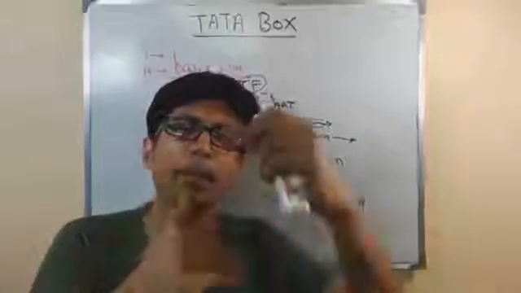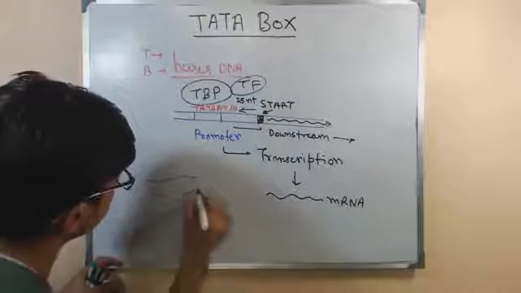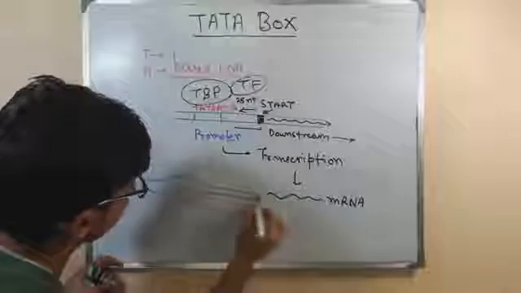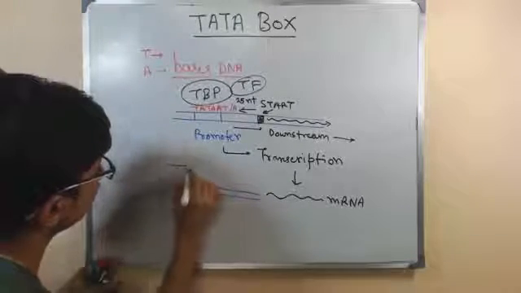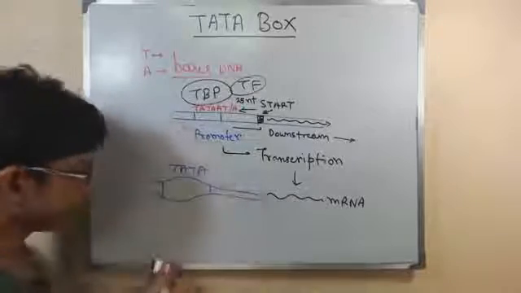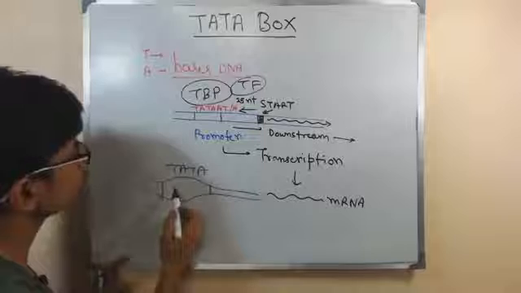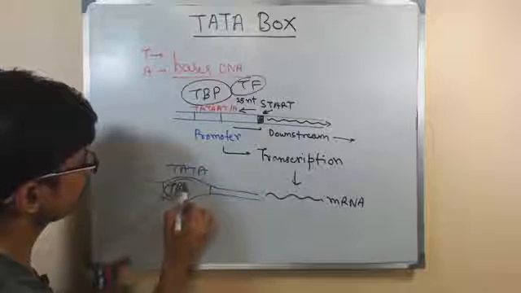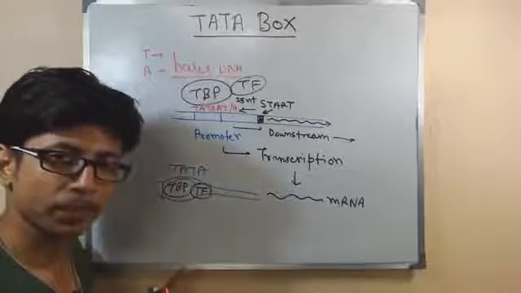It will create a bubble like structure. If I draw it here, it will start to form something like this. This is the region for the TATA box, and here they create this bubble that's called the transcription bubble, due to the presence of TBP and transcription factors and all these enzymes.